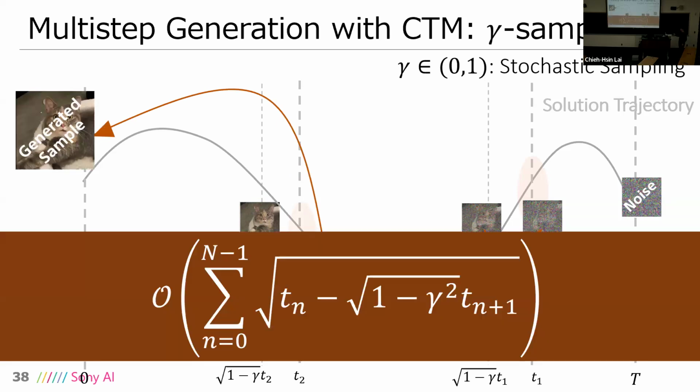Overall, you have a more unified way of sampling with the middle gamma. The deviation is somewhat complicated, but if you look at the extreme case where gamma equals 0, it just goes to capital T. But if gamma is 1, then it goes to the accumulation of all the sampling steps.